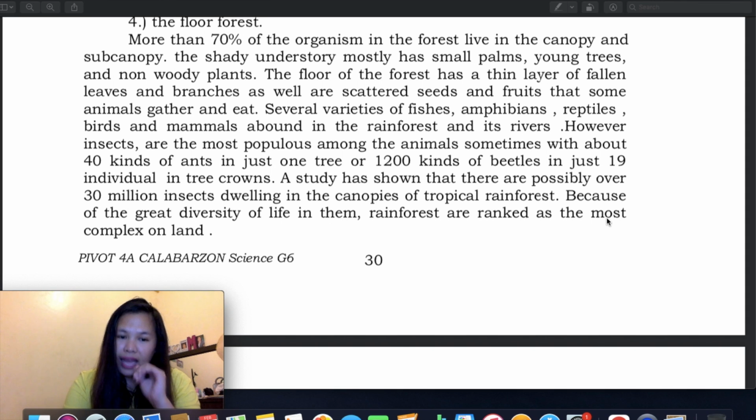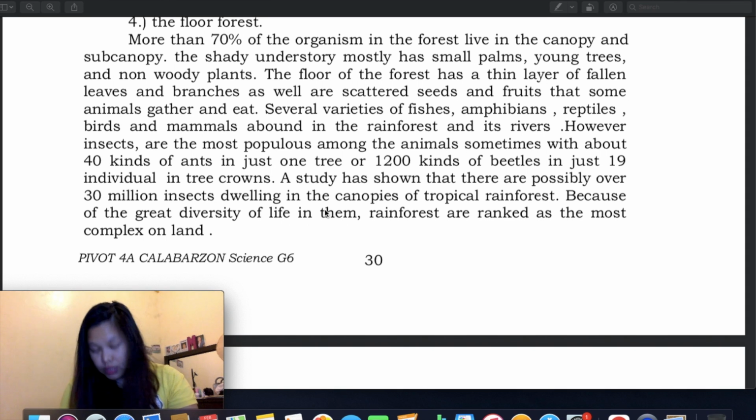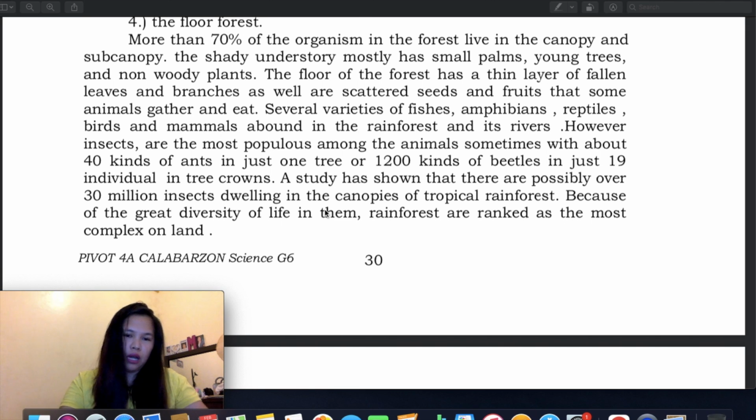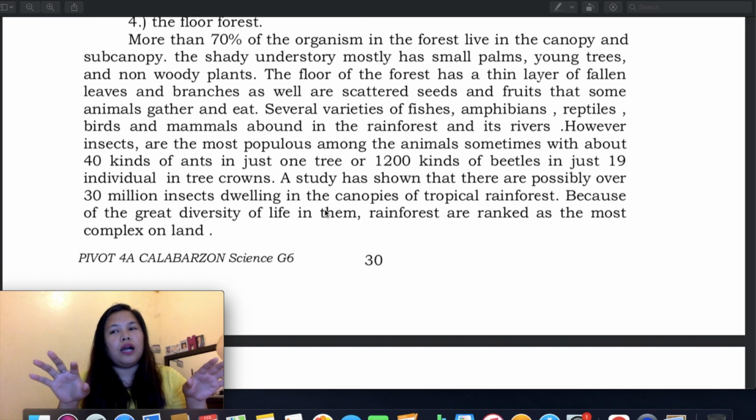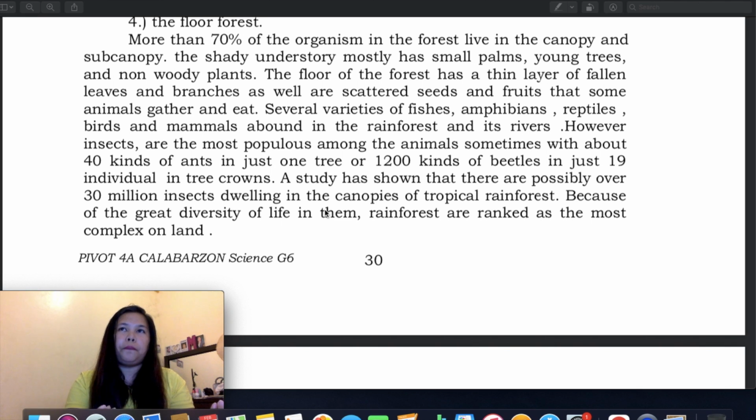So, we say the diversity, sa college kami, meron kaming subject ng biodiversity and mga ganun. So, nandun yung mga endangered and non-endangered organisms in that particular ecosystem.